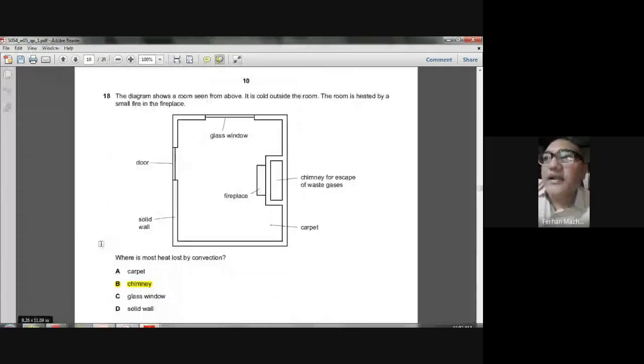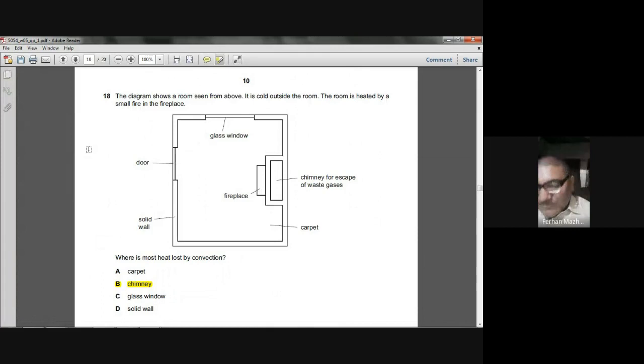You see, the question is, where is the most heat lost by convection? So where is convection happening? Convection can only happen if you have a connection between the inside of the room and the outside of the room, and air in that case. So that is through the chimney.